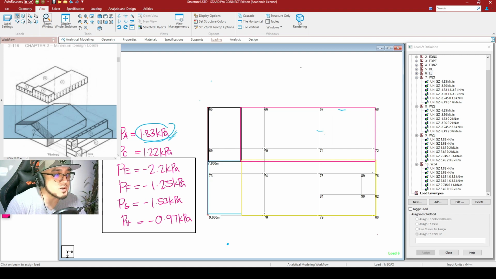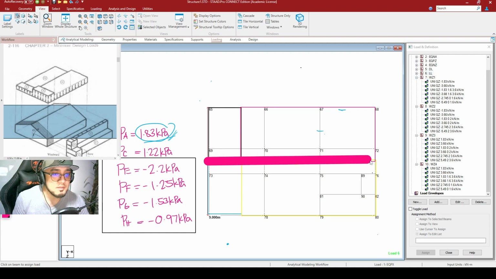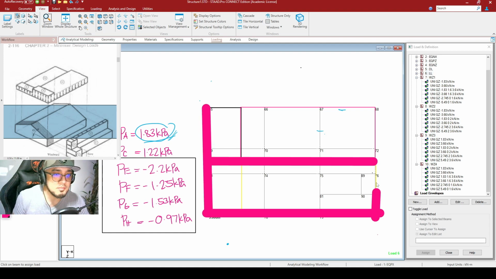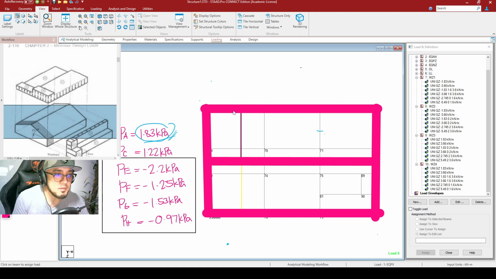So we have two approaches. It is either that we apply these particular pressures as a floor load, but we can only do that if your frames, or let's say your beams, are exactly oriented like this. So this is to be your beam, beam, beam, beam, and beam.